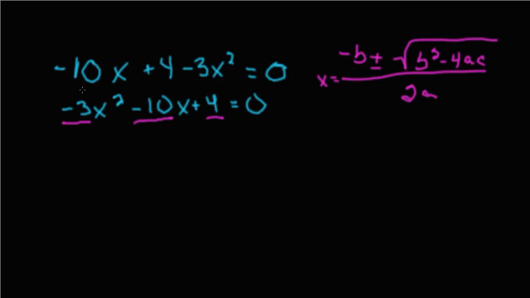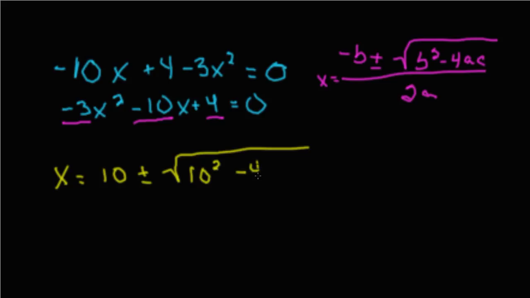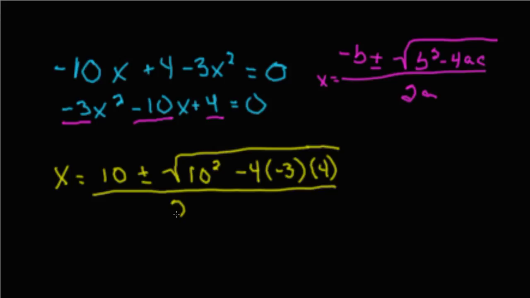So to find our solution, we'll say x equals negative b, and that's going to be a positive 10, plus or minus the square root of 10 squared minus 4 times a negative 3, because a is negative 3 in this case, times a positive 4, which is c, and all of that divided by 2a, which is negative 3.